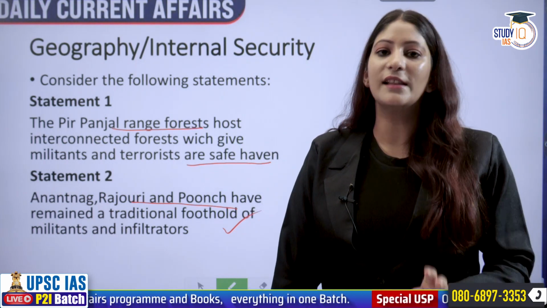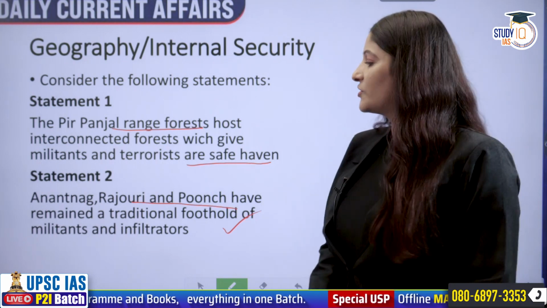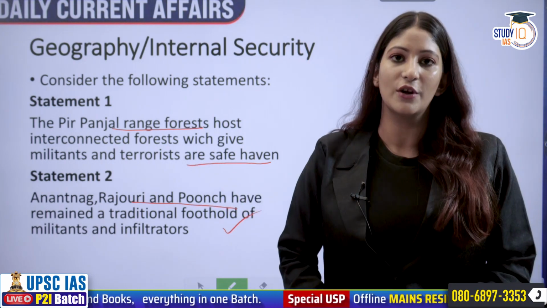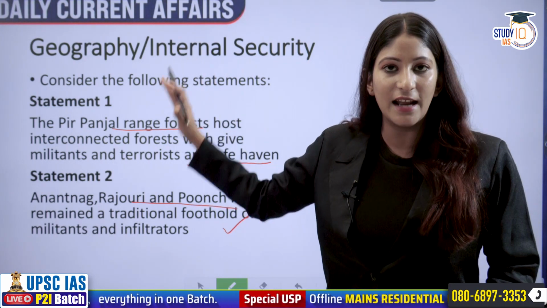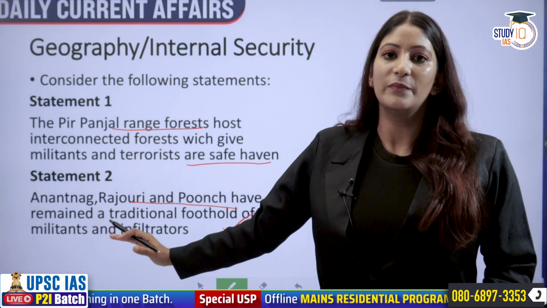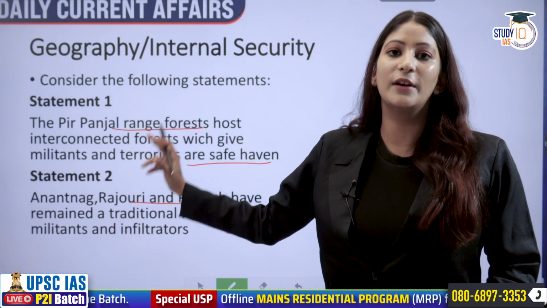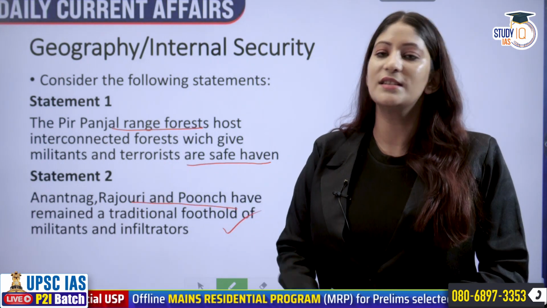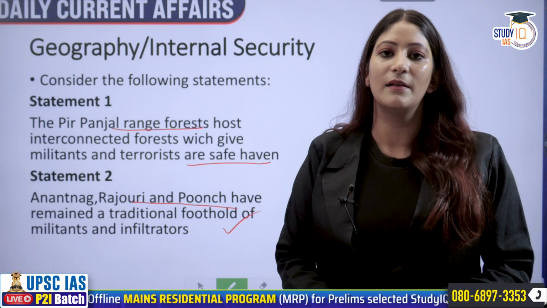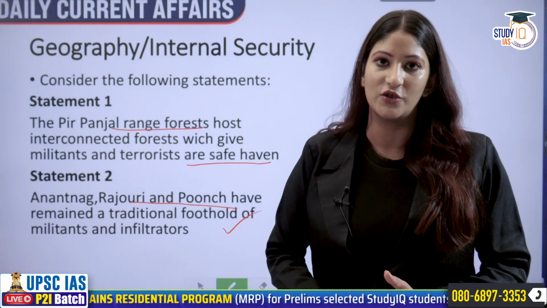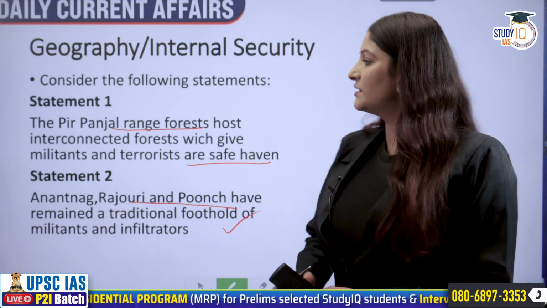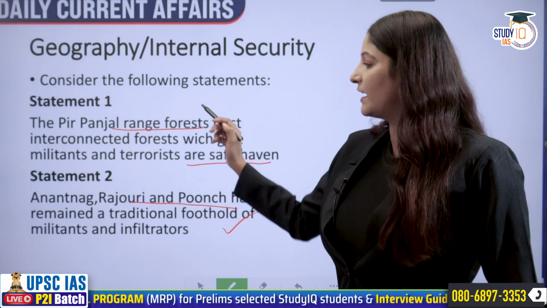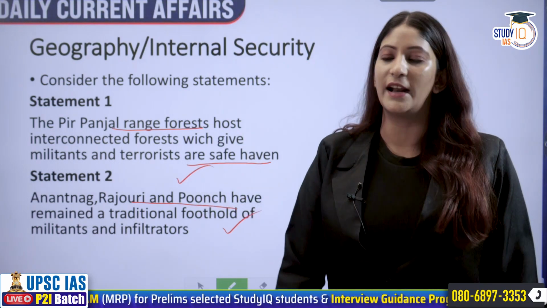And because of the nearness of certain regions such as Anantnag, Rajouri and Poonch to the Pir Panjal, as they lie to the south of it, it becomes hard for the security forces to root out militants because they hide out in the forests hosted by the Pir Panjal range. So that is why the first statement is definitely correct, and the second, because of the same reason, is also correct.